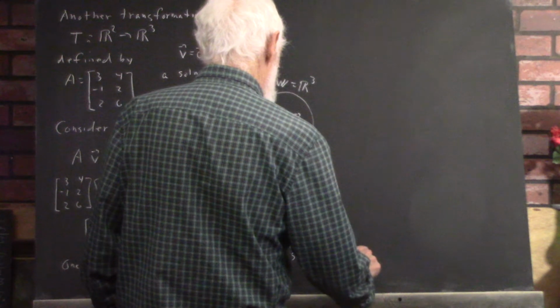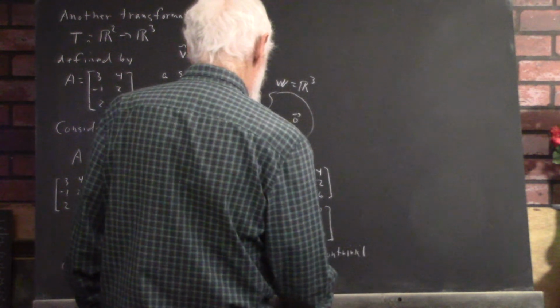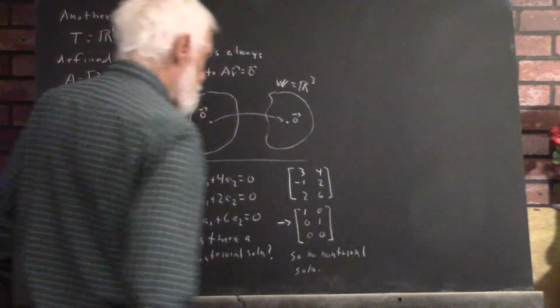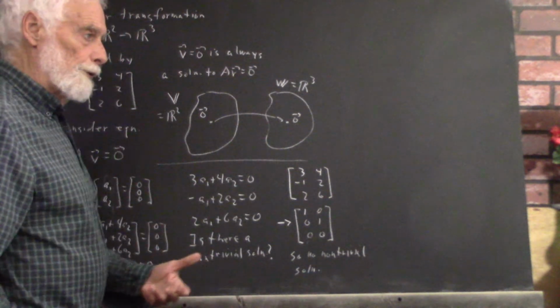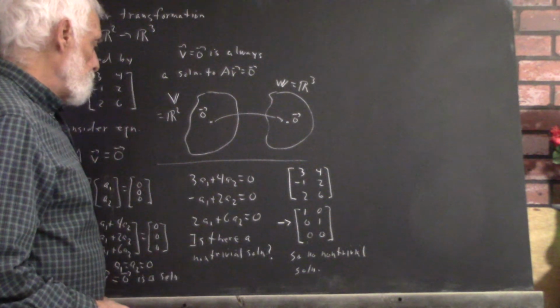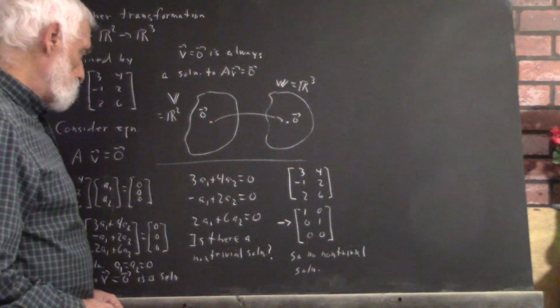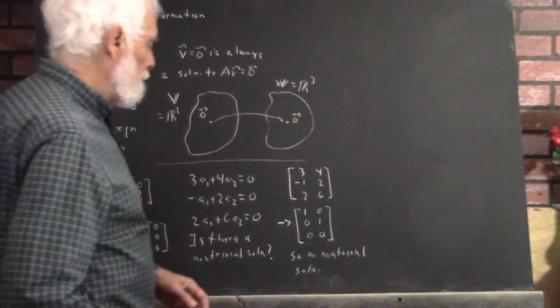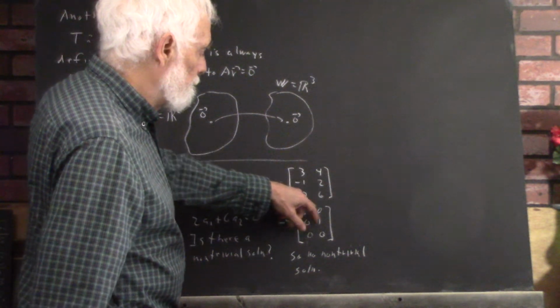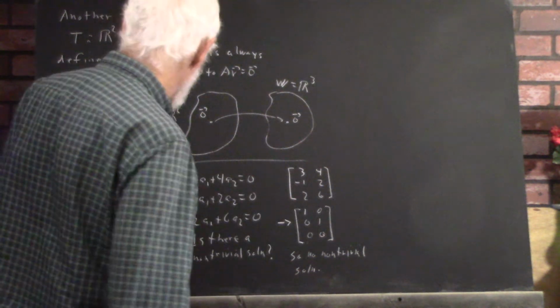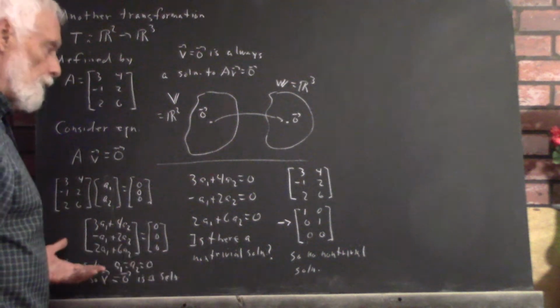So from what we've seen earlier in the course, since the matrix reduces down to this, there is no non-trivial solution. Now if the matrix reduced down to 1, 3, 0, 0, 0, 0, what would the equations be?